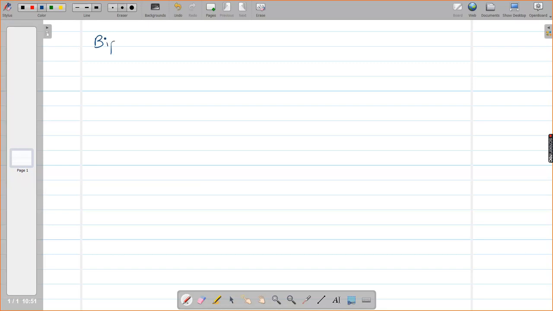So, bipartite graph. What do you understand from this word bipartite? Can you guess anything? Bi means two. And partite means what?